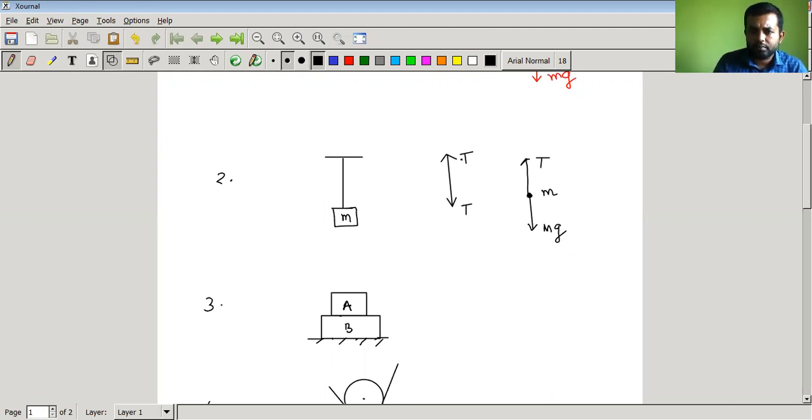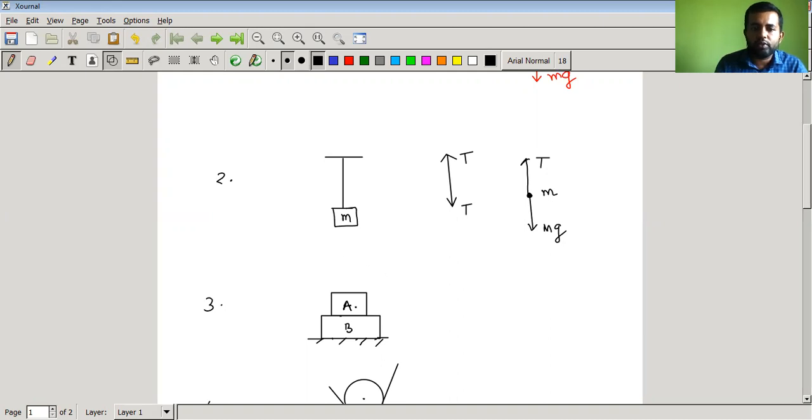Okay, so this will be the free body diagram of any segment of the string. So you can talk about the entire string, you can talk about the element of the string. So this will be the free body diagram of the string.